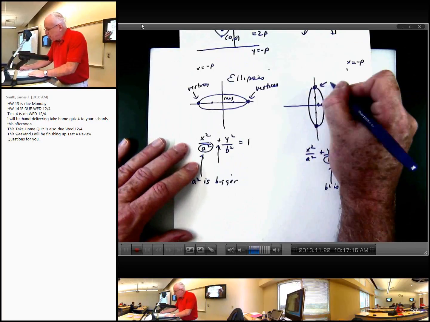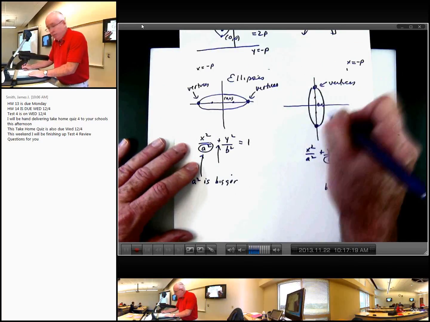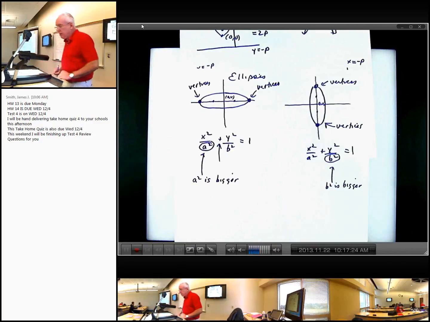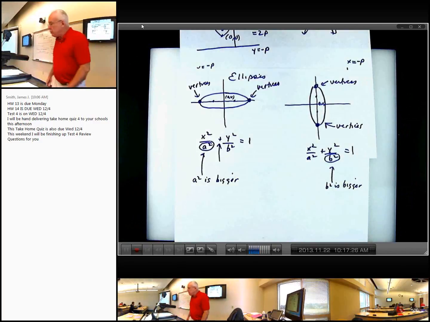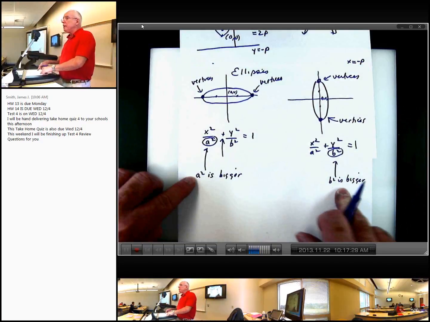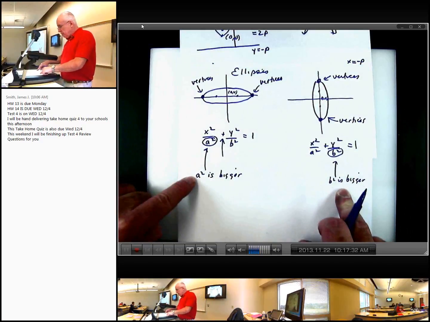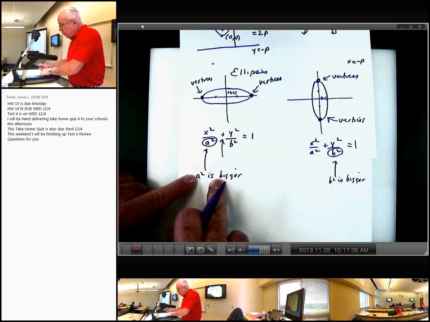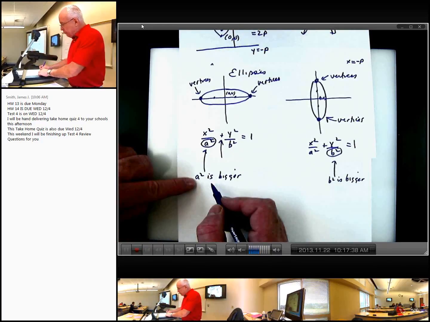These are the 2 vertices here. And the vertices are basically going to come from the bigger number under the x or y in your equation. So in this case, we're saying our a is bigger.